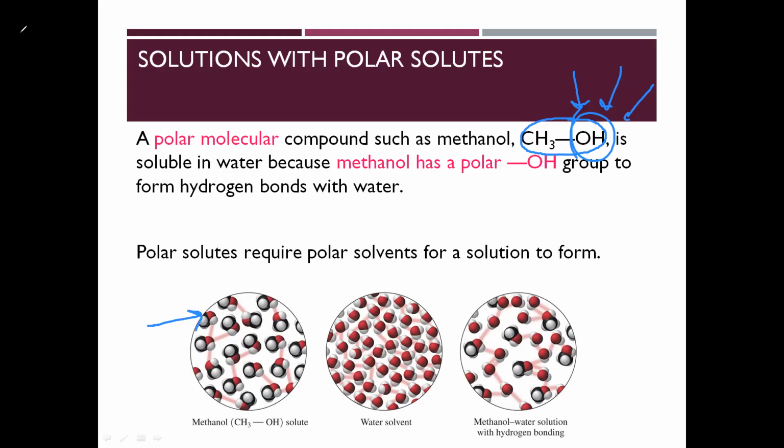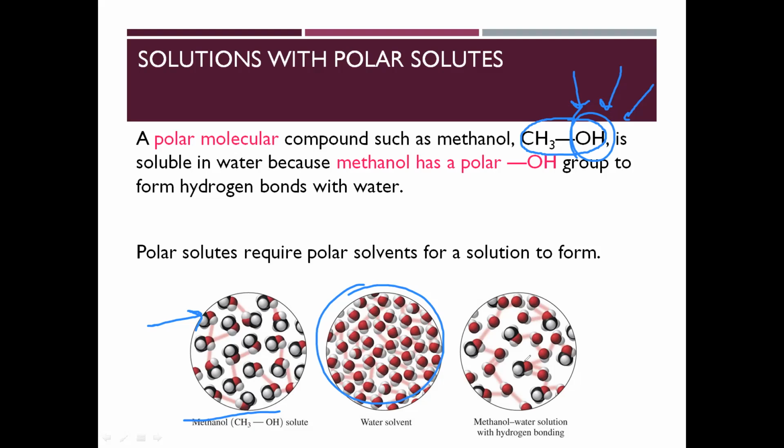Originally, we start off with methanol, so we have our CH3 group, and then we have this hydroxide group coming off of it. You've got your water as your solvent, so it's in larger quantity. This guy is in smaller quantity, so it's our solute. When we put them together, you can actually see that this hydroxide group is forming hydrogen bonds, and again, it's going to be pulling these parts apart.